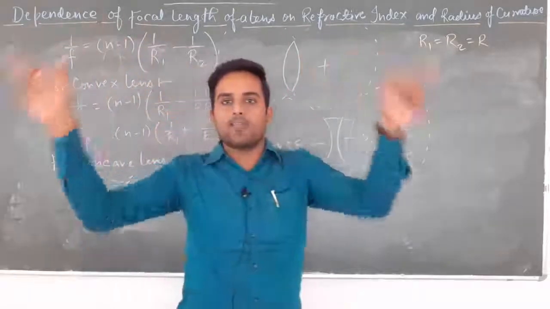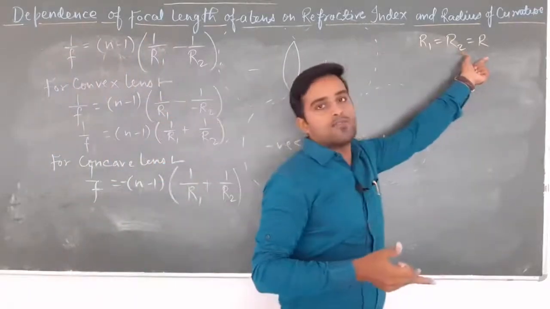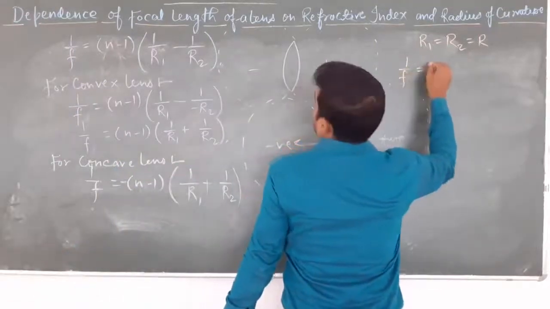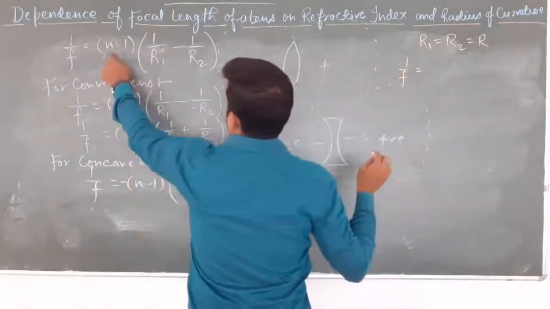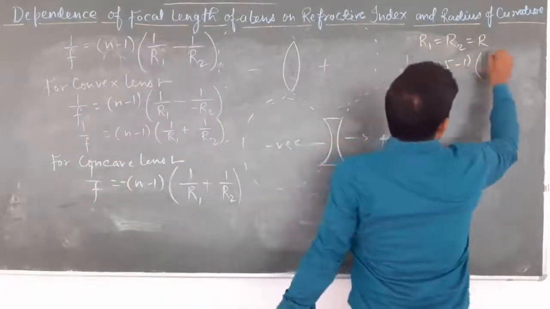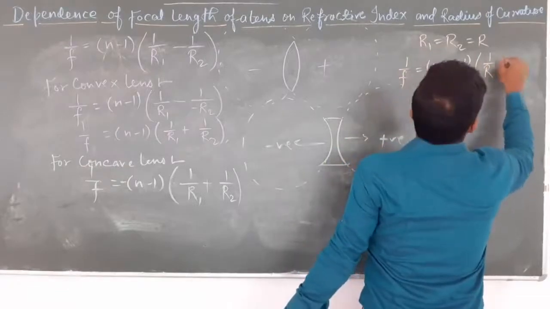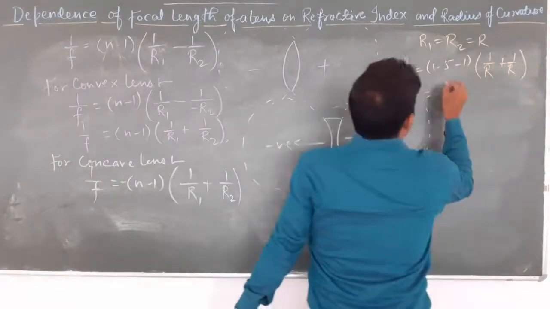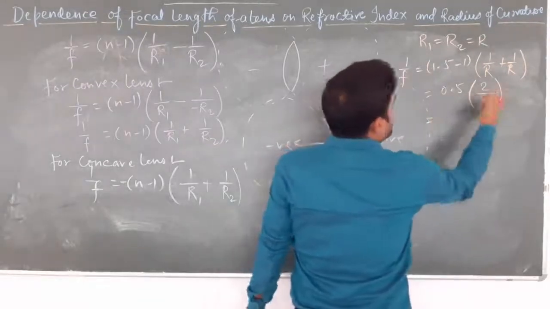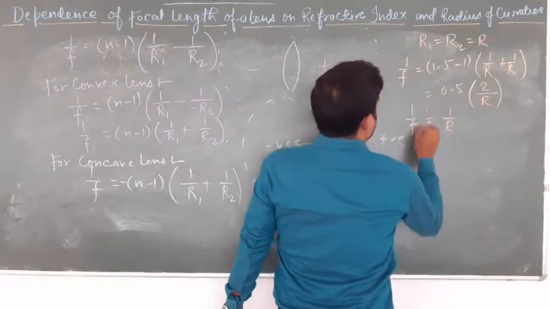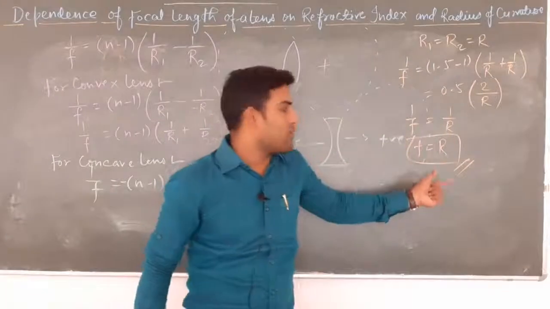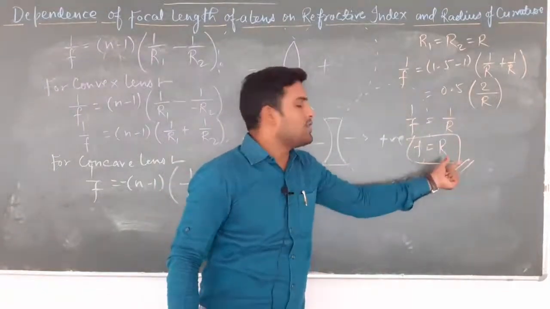Taking the refractive index of glass as 1.5, 1 upon f is equal to (1.5 minus 1) times (1 upon R plus 1 upon R). This becomes 0.5 times 2 upon R, which is 1 upon R. So f is equal to R.